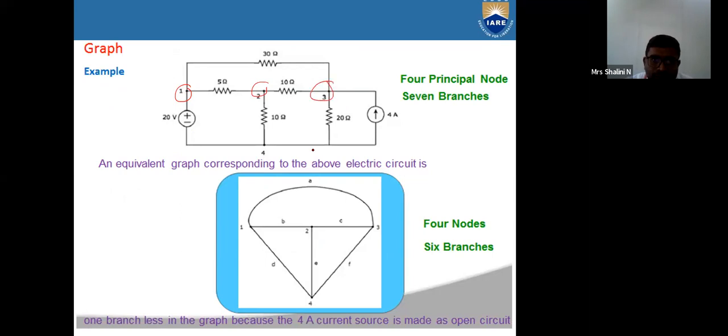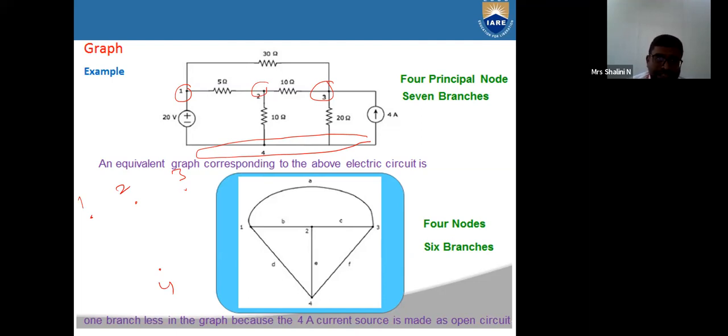This one is the third node, and this one is the reference node, the fourth node. After that, the voltage sources, so draw the lines. First node, second node, third node, and fourth node. Completed.